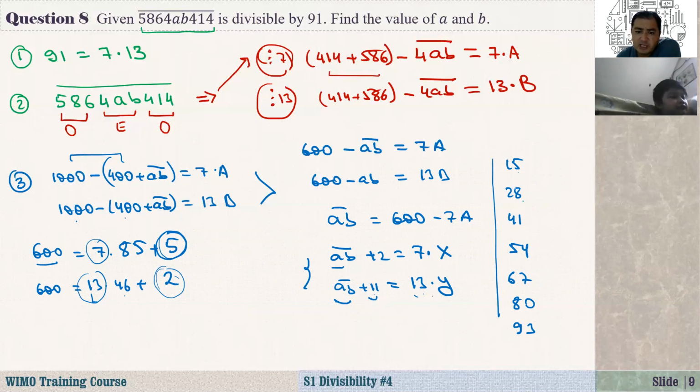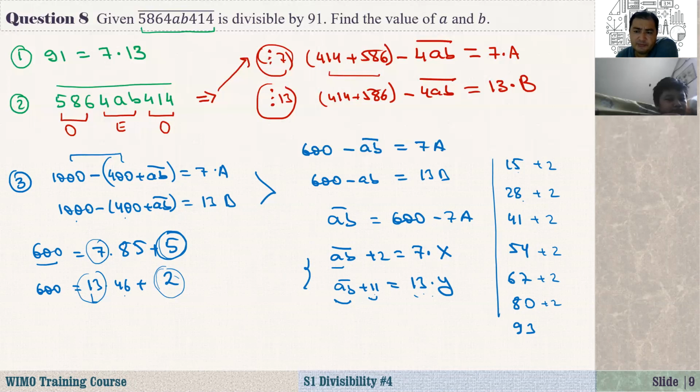So among these numbers, which one, when we add 2, is divisible by 7? If I add 2 here, 17, not divisible by 7. If I add 2, 30, not divisible by 7. AB is 15, all right.